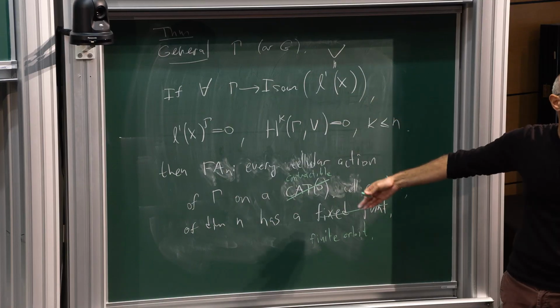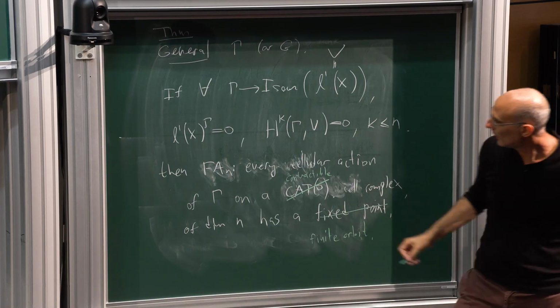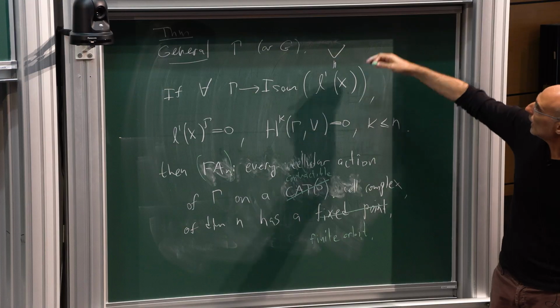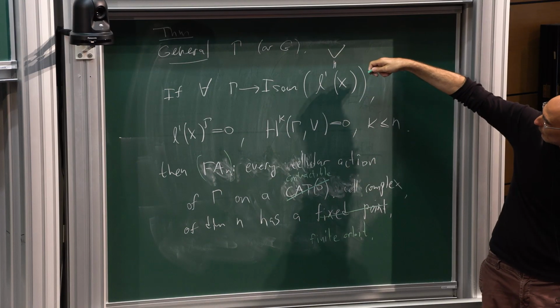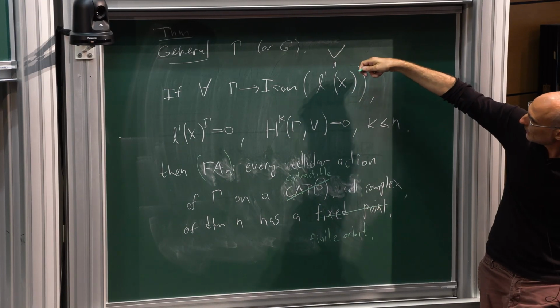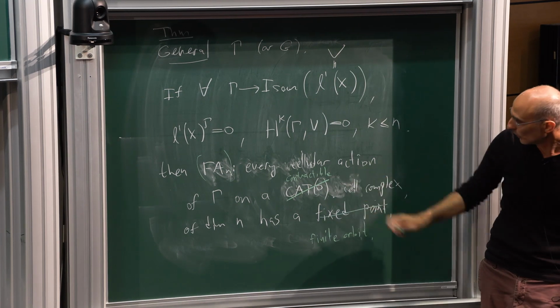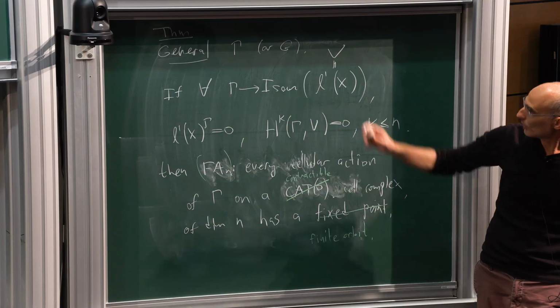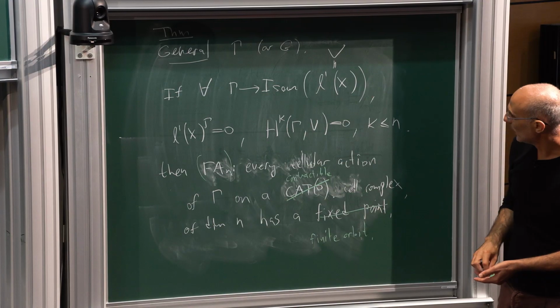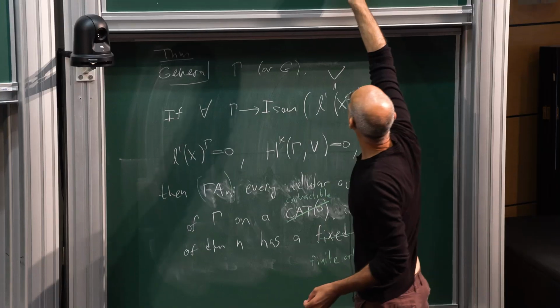So what is written on the board is that higher rank vanishing, or higher T, the L1 version, implies fixed point property for actions on cell complexes.